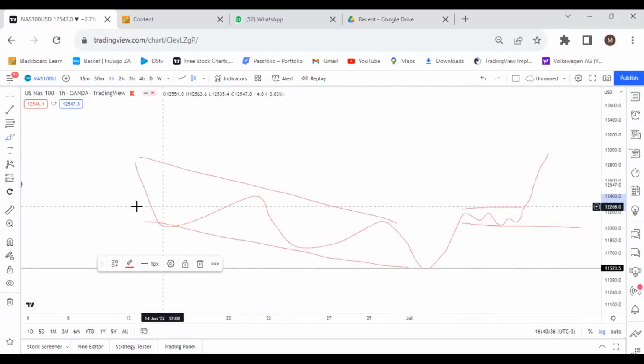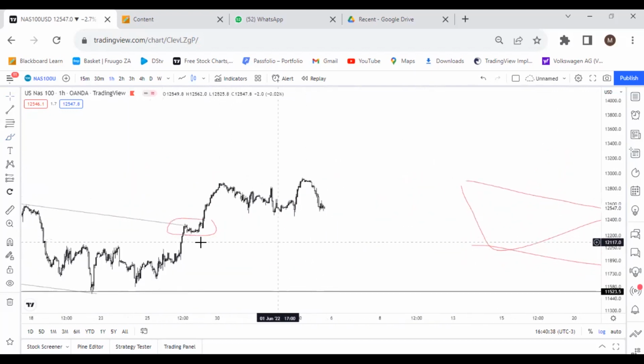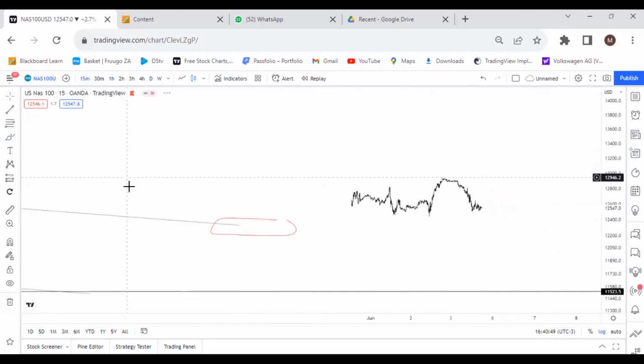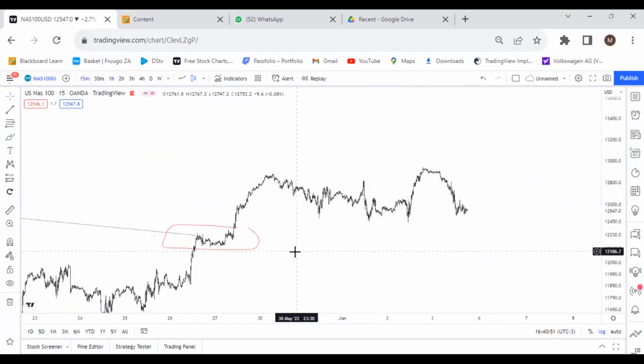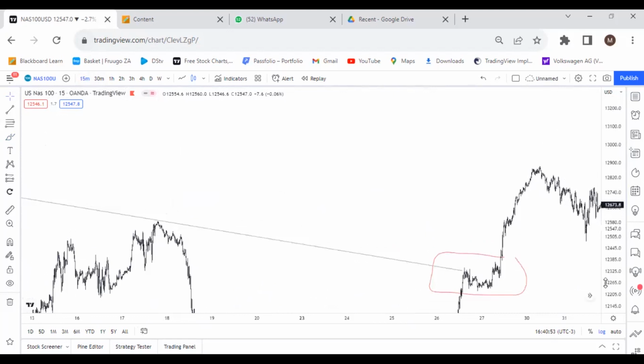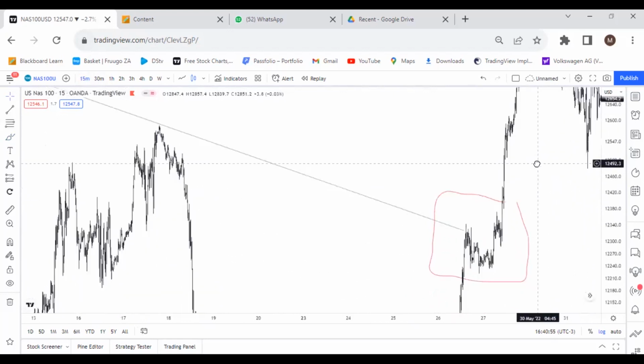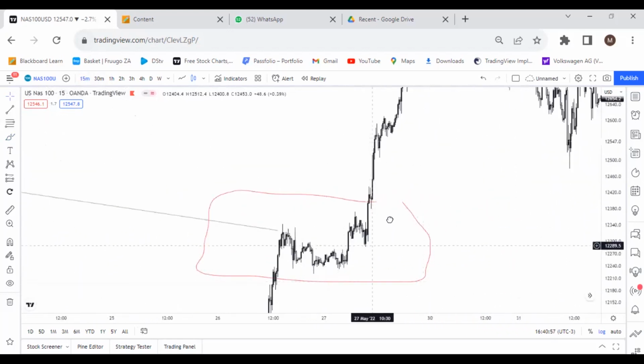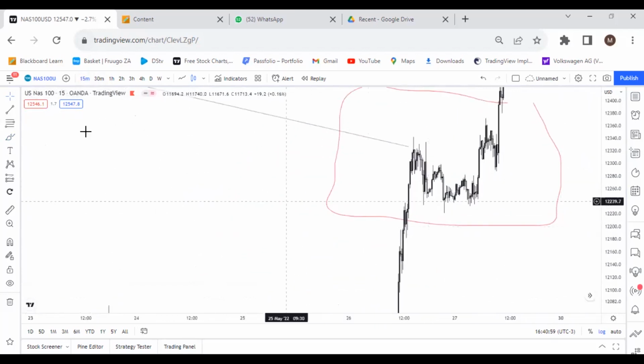As you can see, right after this huge impulse right here, we had a corrective formation. I'm just gonna go to the smaller time frames and show you that we also did have the 1, 2, 3 touch method.